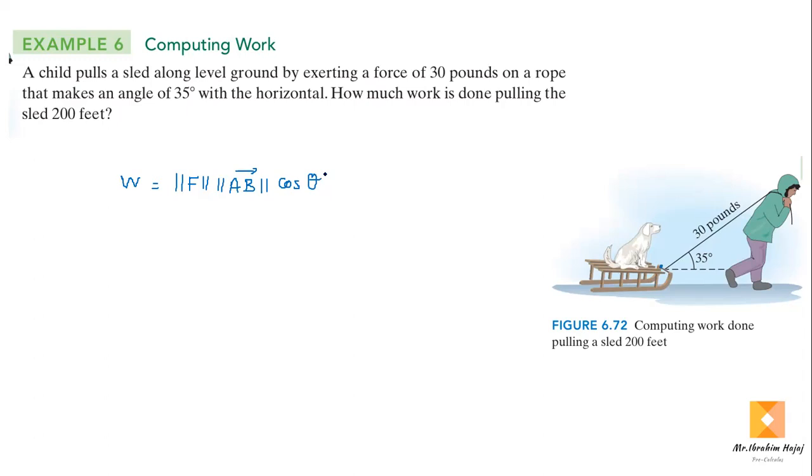It will be 4,914.9. You only multiply 30 by 200, by cosine 35, and then you got the answer, right?